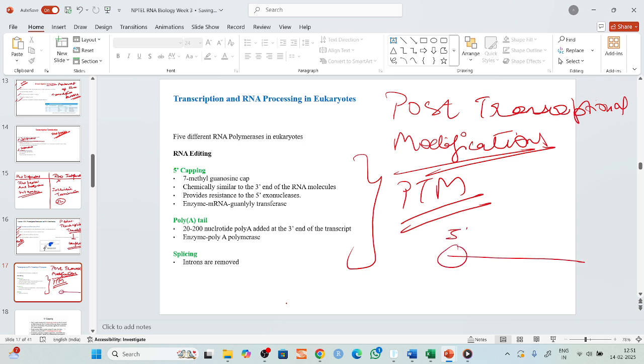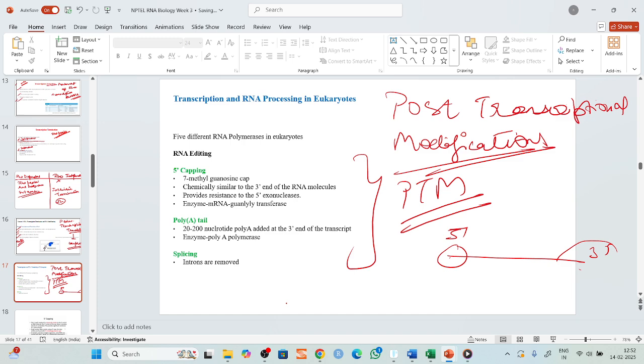This is your 5 prime end, and this is your 3 prime end. This is a newly synthesized RNA, which is not a mature RNA. It's a naive RNA. At the 5 prime end, your 7-methyl guanosine cap gets attached, and at the 3 prime end, your poly A tail gets attached.